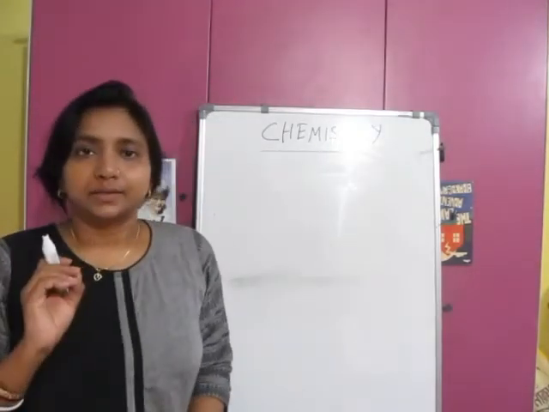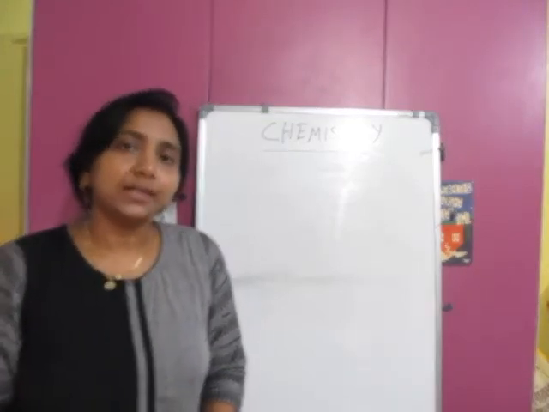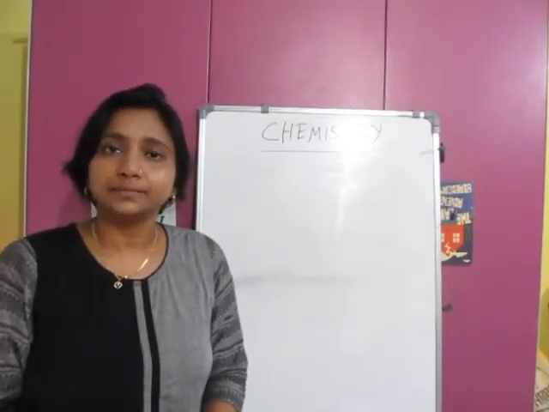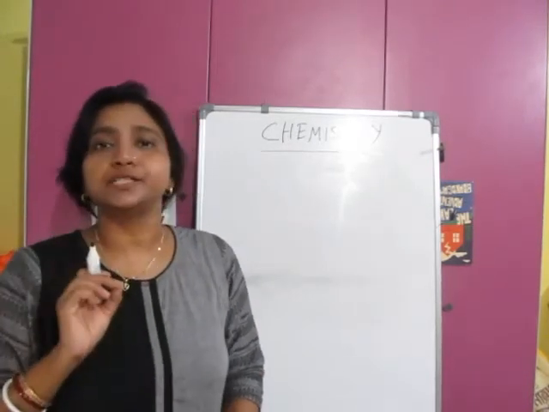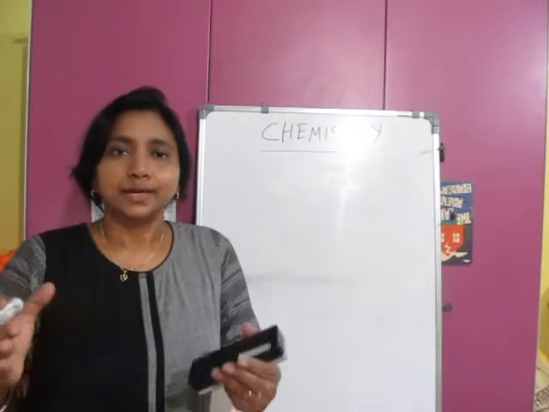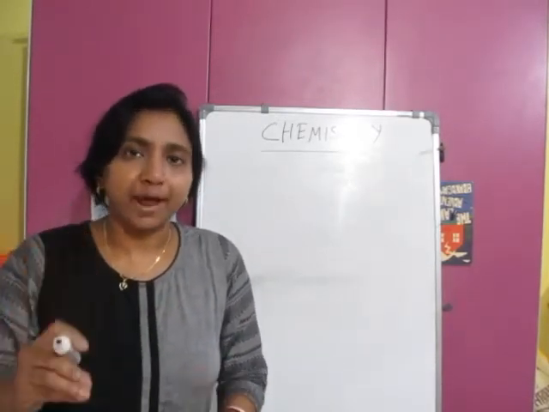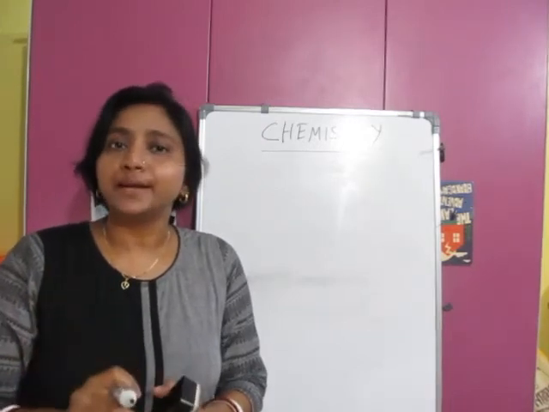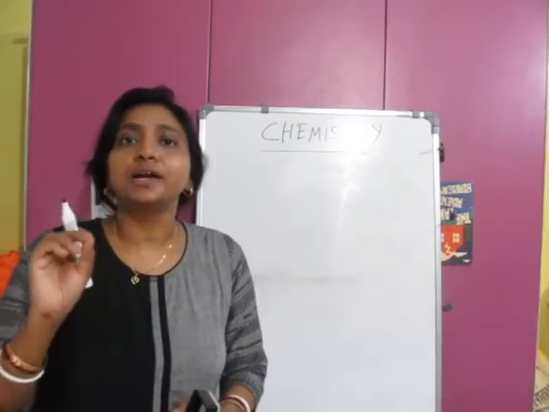Now, if I ask, you use a non-stick frying pan in the kitchen at home, do you know which material it is made of? The black coating in the non-stick frying pan, which material is used here? This is called Teflon.